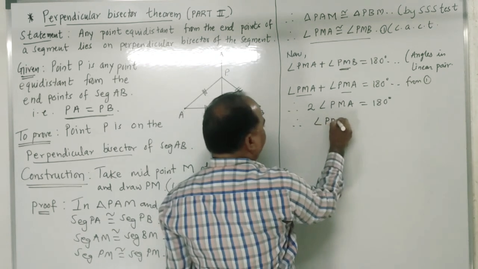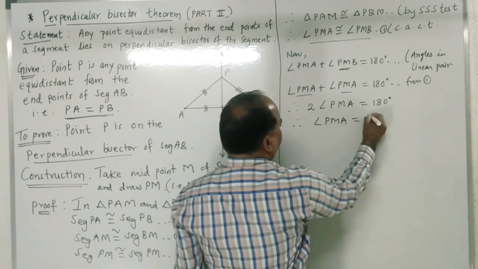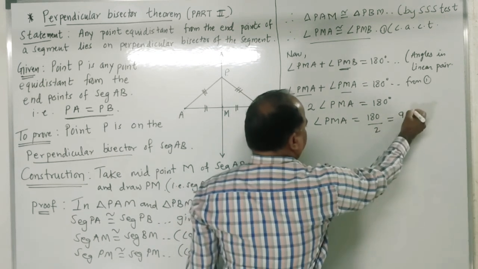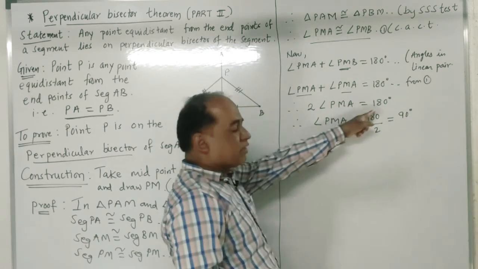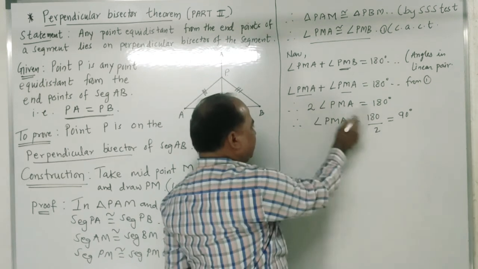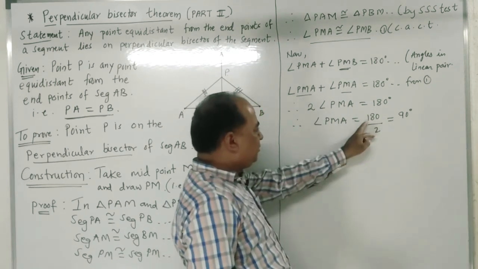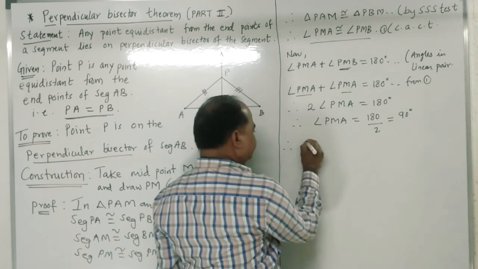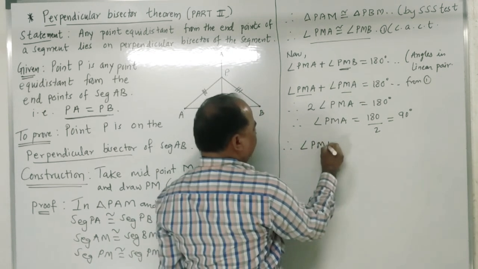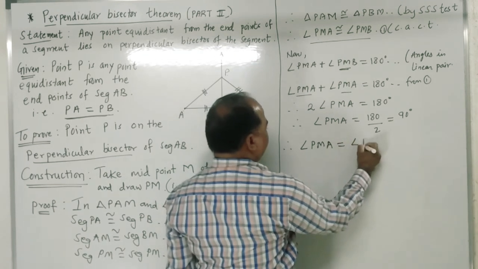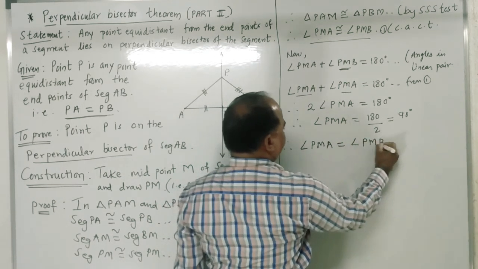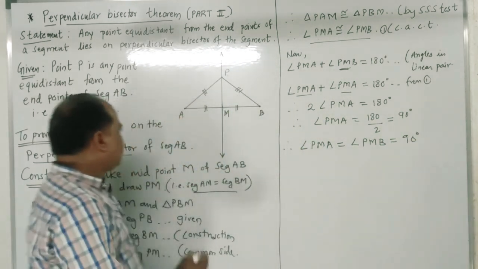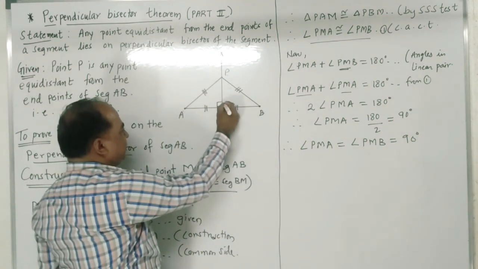Therefore angle PMA is equal to 180 upon 2, which is equal to 90 degrees. The 2 goes to the right-hand side, where it divides 180, giving 90 degrees. Therefore angle PMA is equal to angle PMB is equal to 90 degrees. So each angle is 90 degrees.